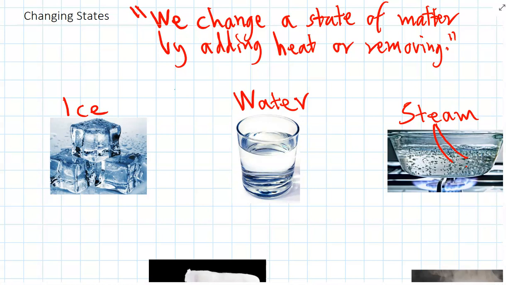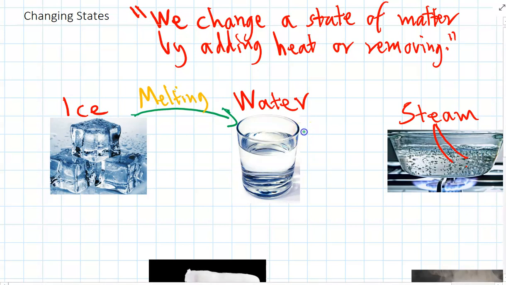So if we start with ice as a solid, we've all done this before. If you leave ice out in the sun or just leave it out of the freezer, that means it's getting warmer and warmer and warmer, and it starts to melt. So melting, that is the name of the process from solid to a liquid.